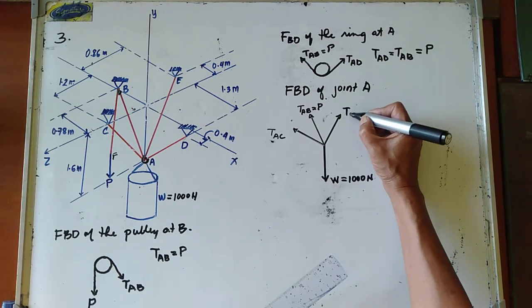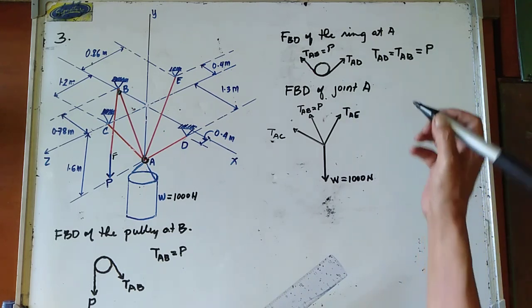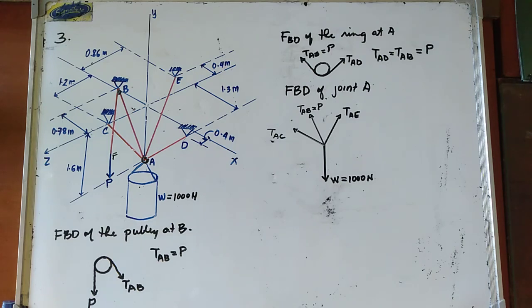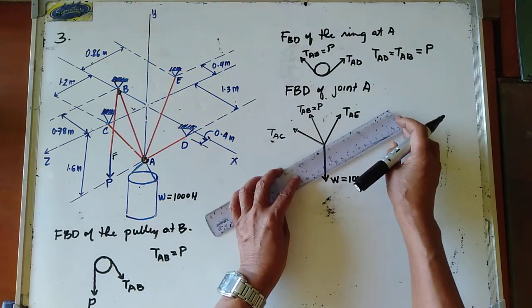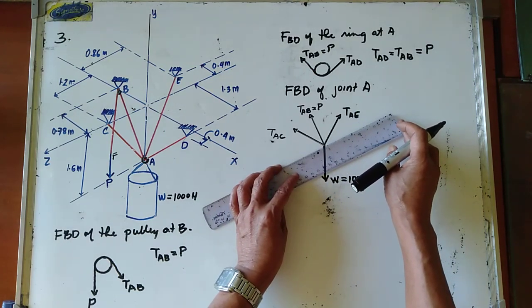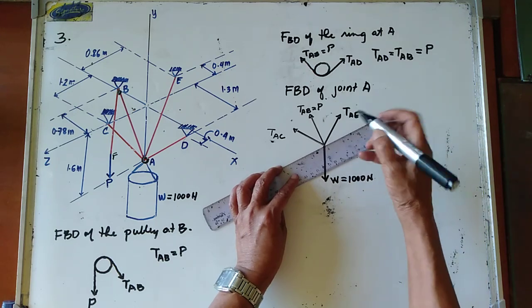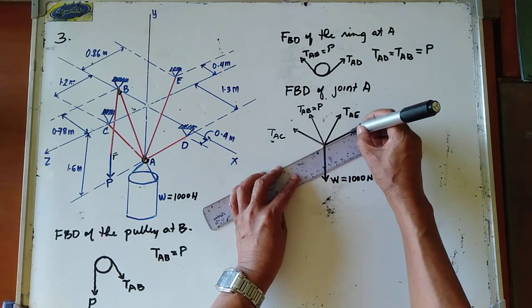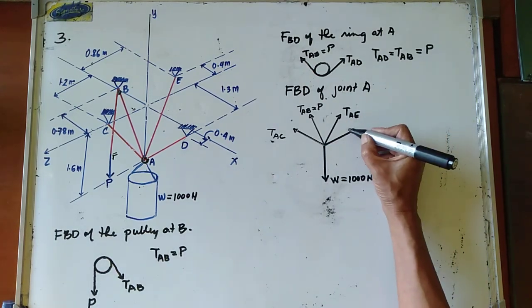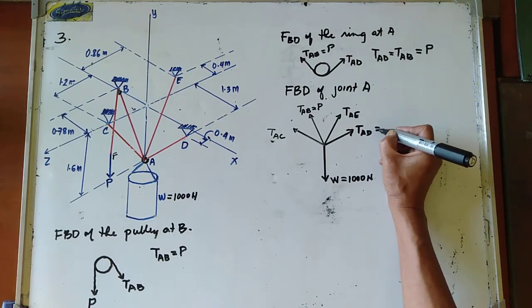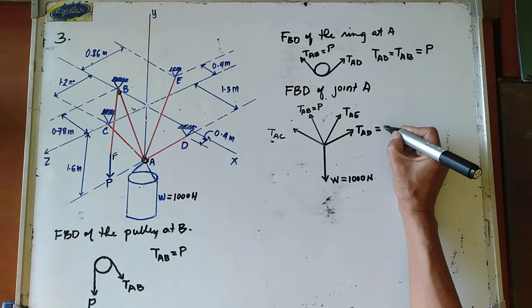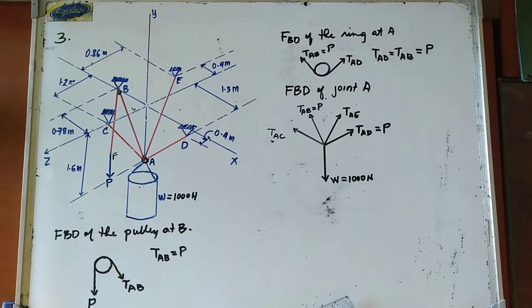And also we now have the tension in cable AD. So this one is now the tension in cable AD. So the tension in cable AD is also equal to P. That one is also equal to P.